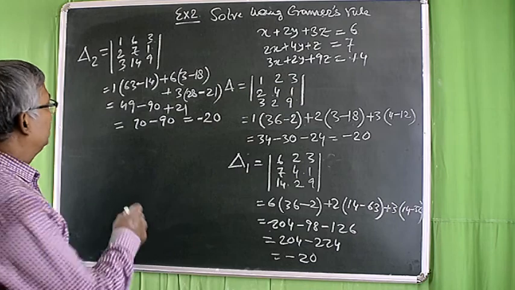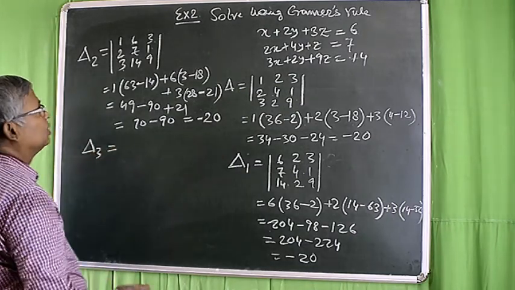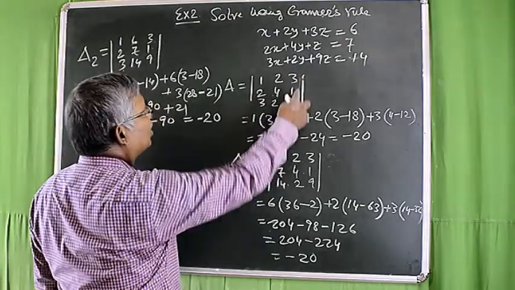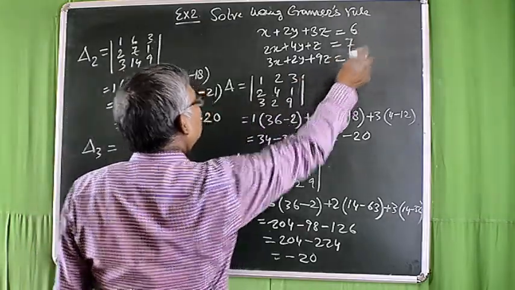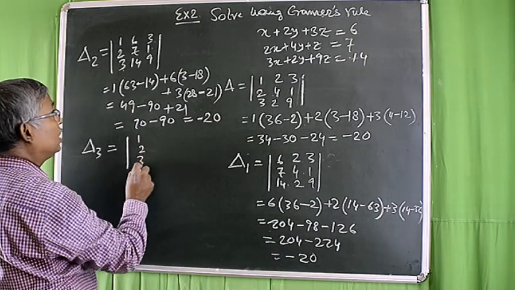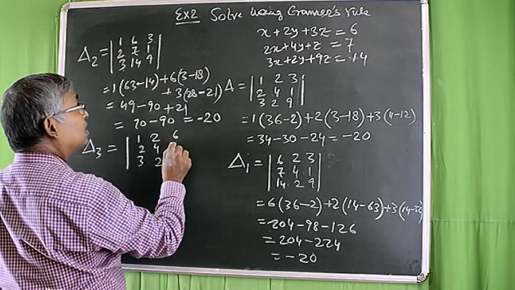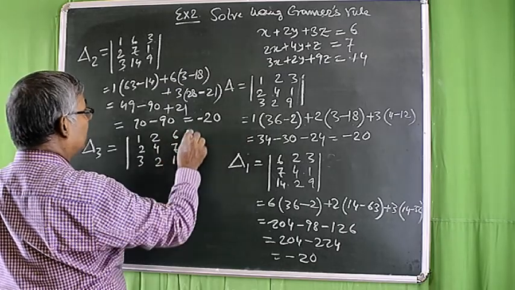Students, let us find del 3. We are replacing the third column by the numbers 6, 7, 14. So it is 1, 2, 3, 2, 4, 2, 6, 7, 14.